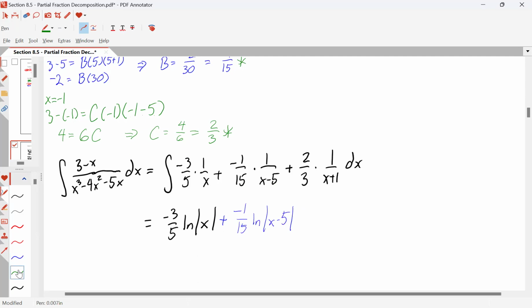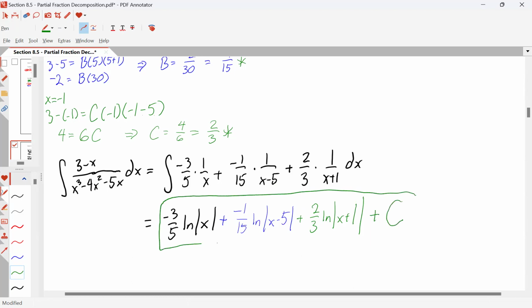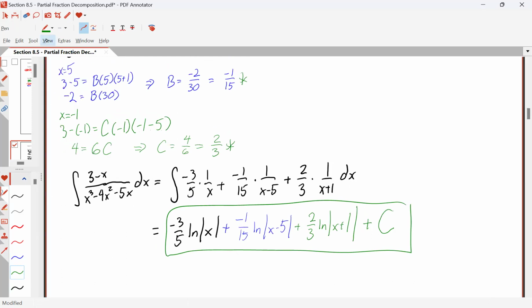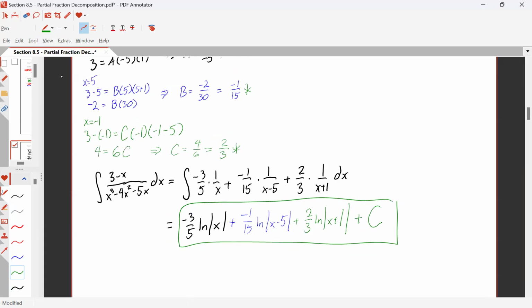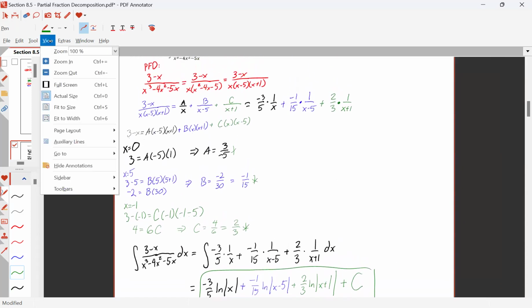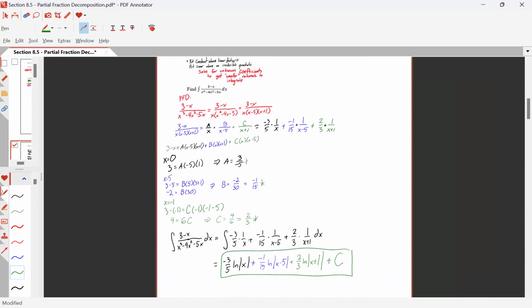And the antiderivative of 2/3 times 1 over x plus 1 is 2/3 the natural log of x plus 1, plus C. So once we do this partial fraction decomposition, the integration is really quick. But we can break these fractions down into smaller pieces to make our integral something easier to do.